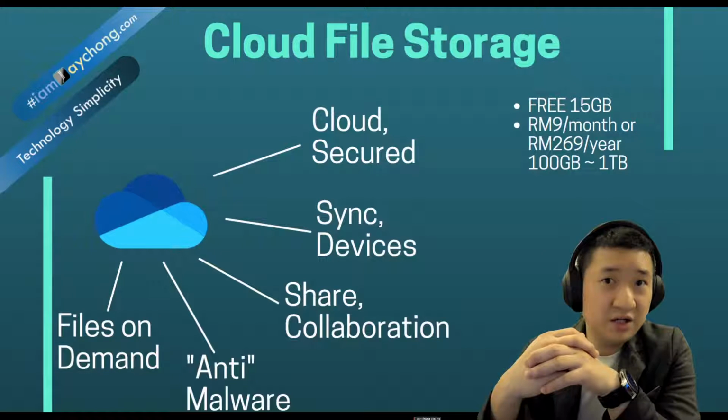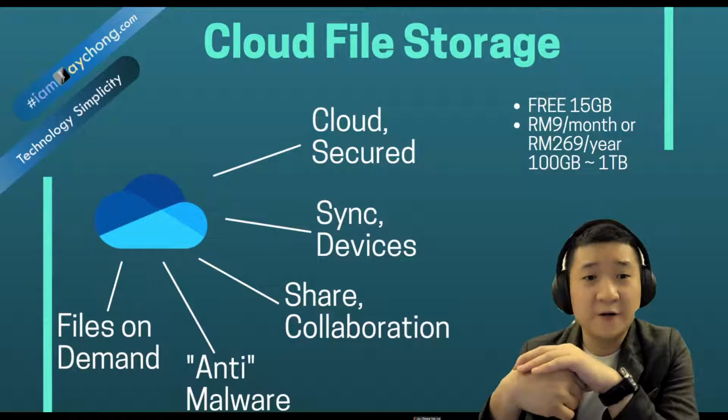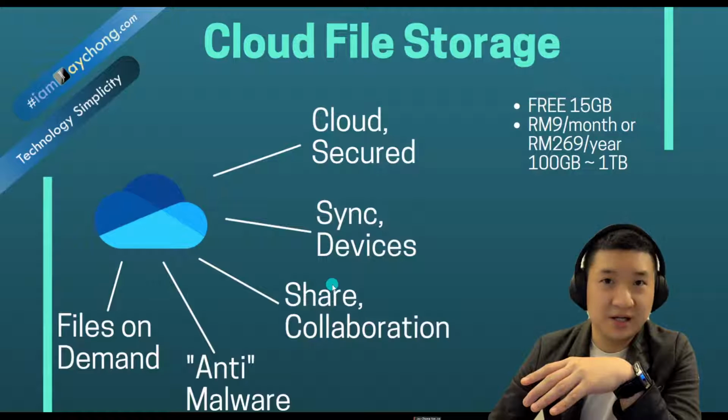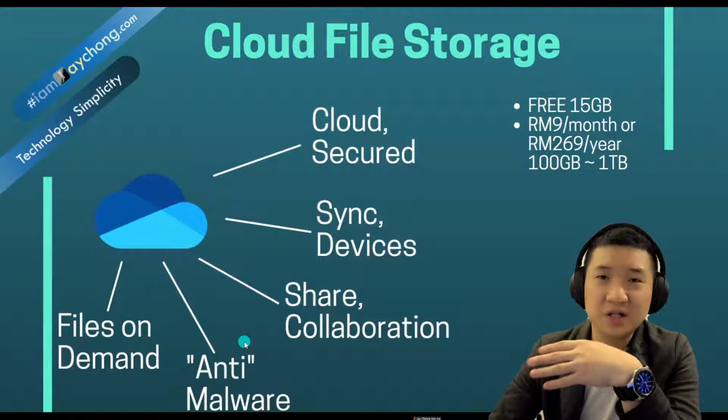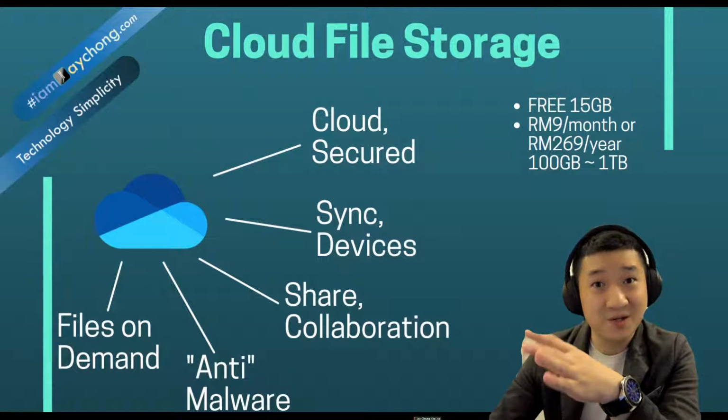Then they will release the key for you to decrypt. So that's ransomware or some malware. So basically, OneDrive will protect you from this. Okay. Just rest assured, your files are synced to the cloud, and you don't need to worry about any disaster happening to your PC.